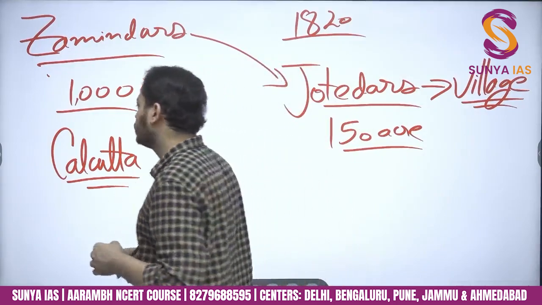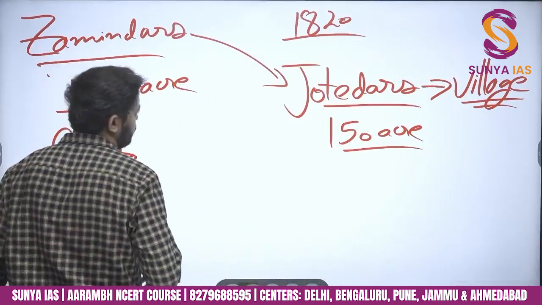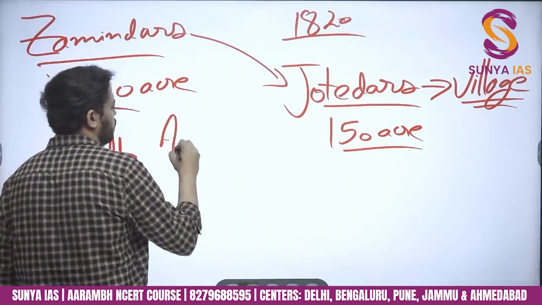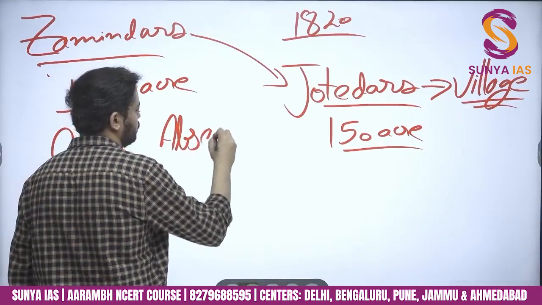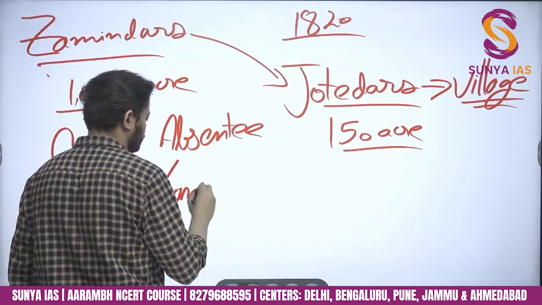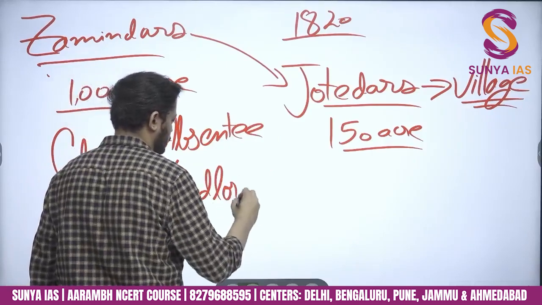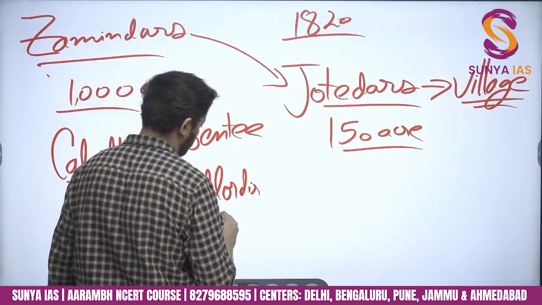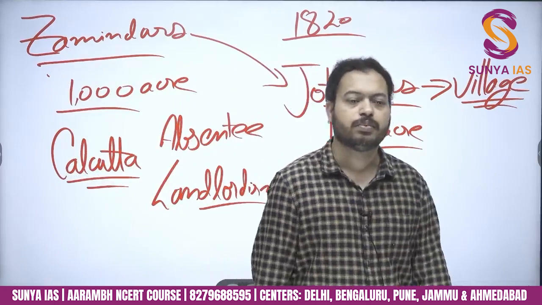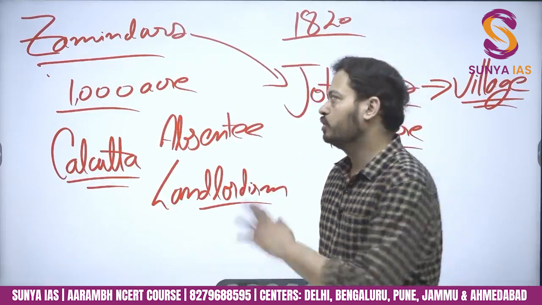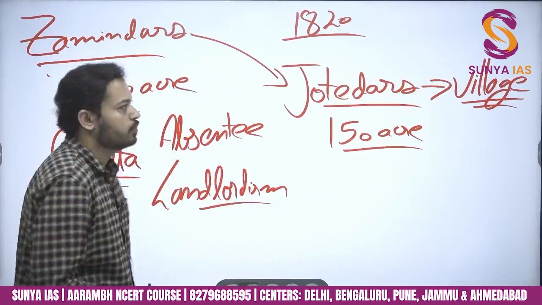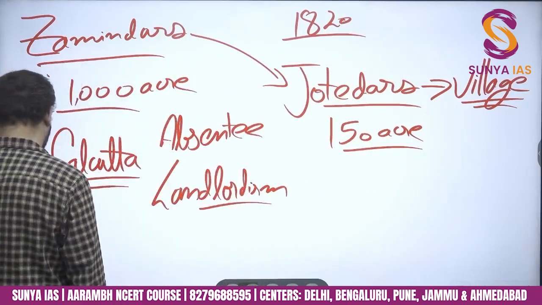And the zamindars leaving their ancestral place and going to Calcutta was called absentee landlordism. Fine. So this jotedar made life of zamindars even more difficult. So that is another problem which you need to know.